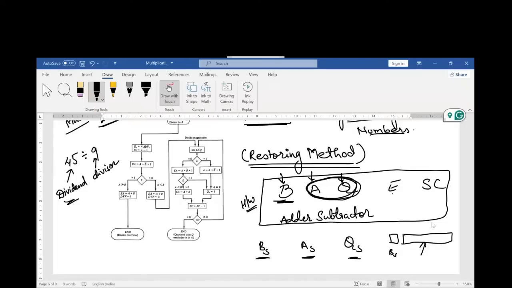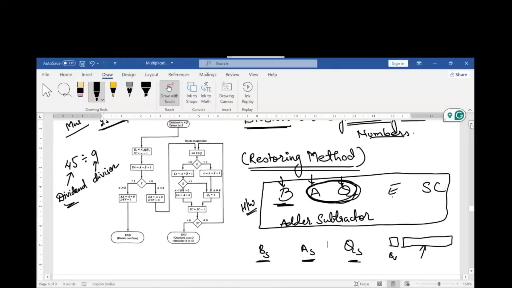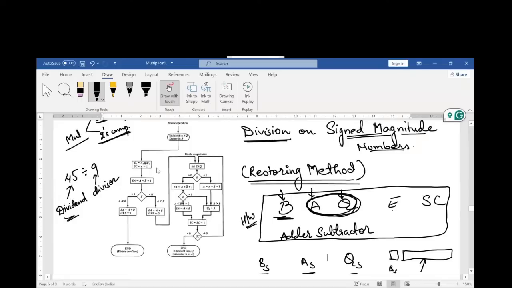So this is what about the hardware that would be required. Now let us quickly see the algorithm for division. As I told you, the first part is initialization, where we will be storing the divisor in B and the dividend in A and Q together. As in the previous algorithms, all the registers B, A and Q would be of the same size.